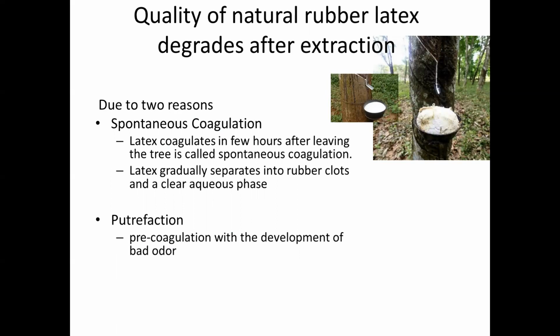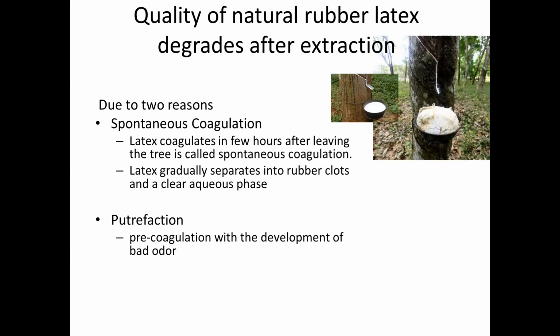The spontaneous coagulation occurs after a few hours of tapping. After a few hours of tapping, leaving the tree, the spontaneous coagulation occurs. Usually you can see this one starting as rubber clots in a clear aqueous phase.